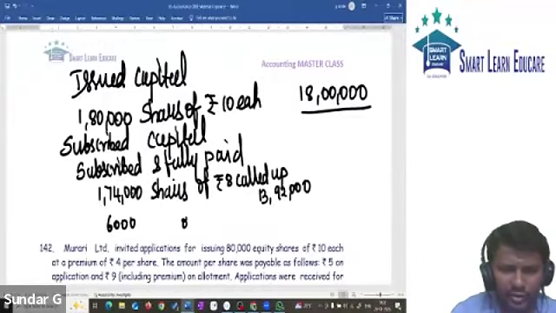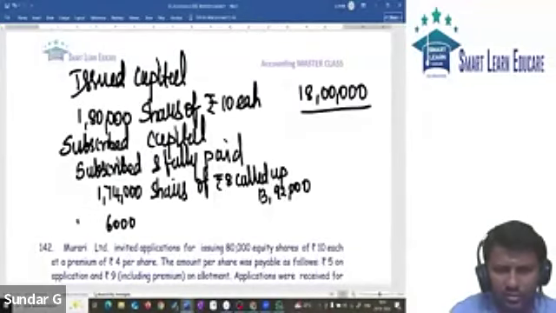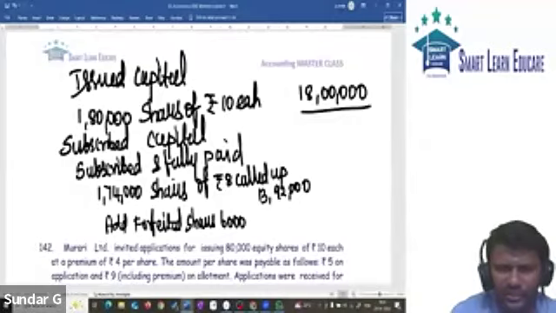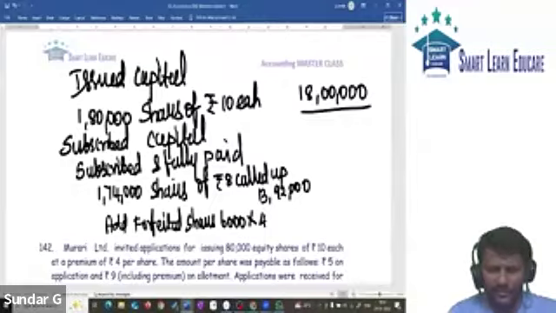Also for these 6,000 shares, it should be added as what? Add forfeited shares. We have cancelled the shares. How many shares are cancelled? 6,000 shares. In that also some amount is paid, no? What is paid? 4 rupees is paid. 6,000 into 4 is 24,000 paid.